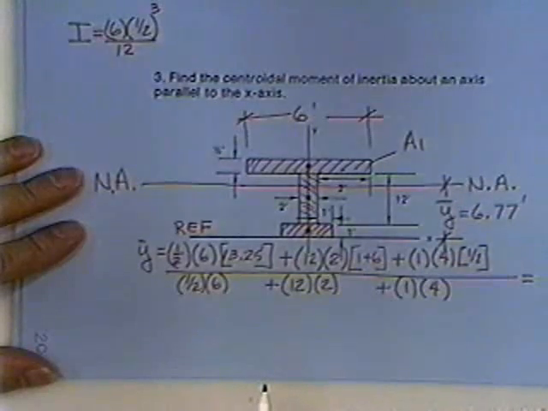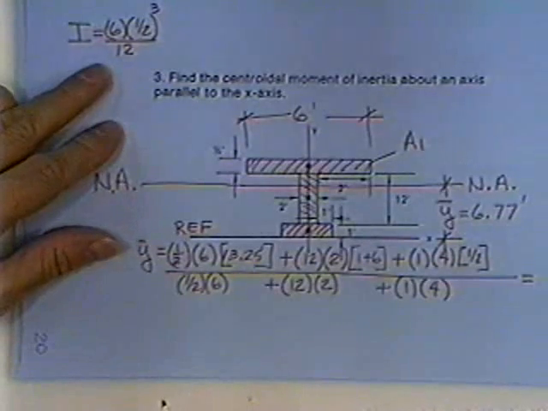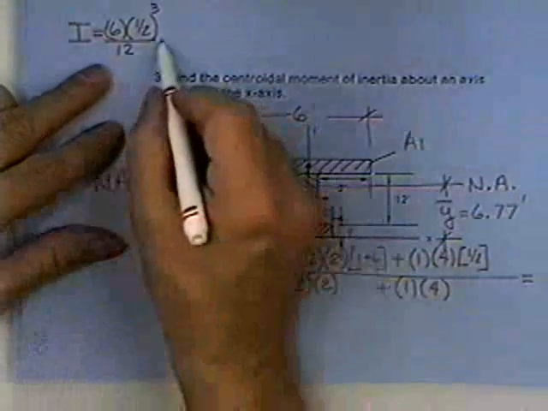If that were a circle, it would be pi d to the fourth over 64, I think. I know it's in the book. If it were a missing circle, I would take that term as a negative term because it was a missing circle. We don't have any missing pieces here.